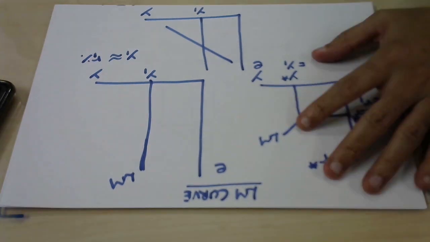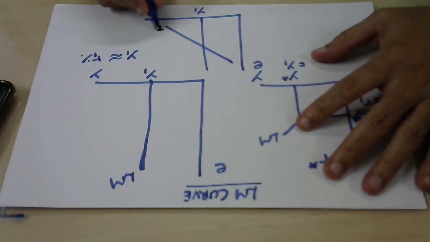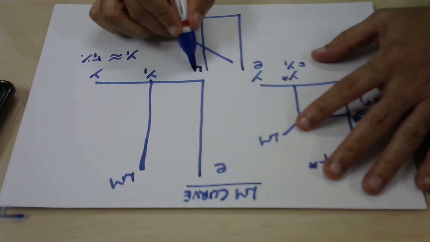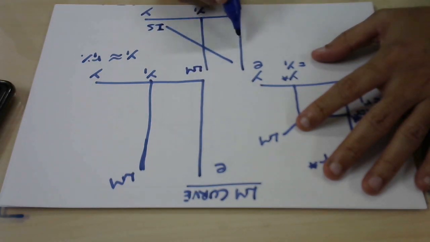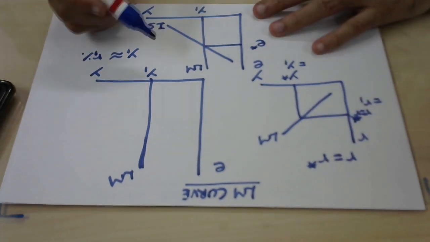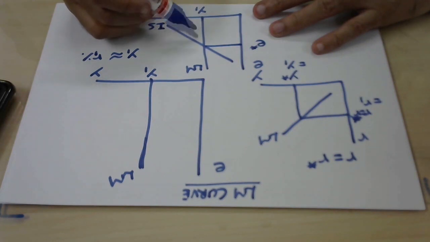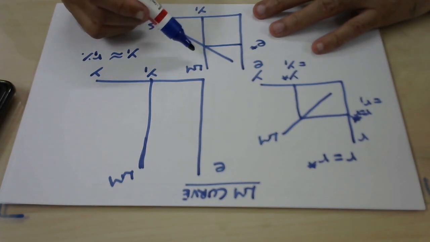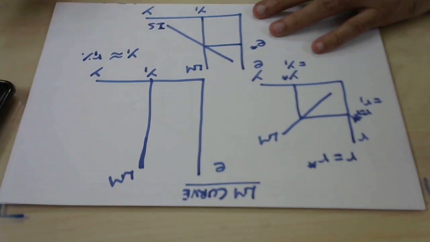Okay, so my IS curve is downward sloping, the LM curve is vertical. So the equilibrium exchange rate that will prevail in this economy is E star, and the GDP that will prevail in this economy is Y1, and at E star, Y1 combination I am finding the goods market and the money market both are in equilibrium.